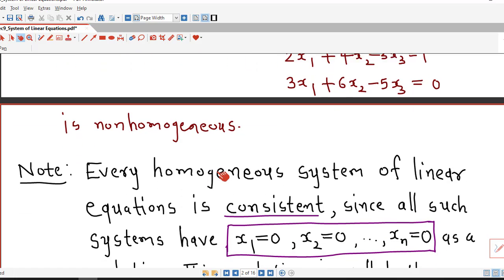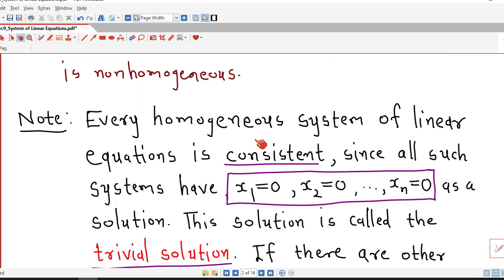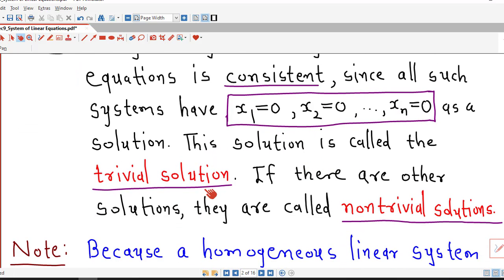So we make this remark: every homogeneous system of linear equations is consistent, since all such systems have this zero solution as a solution. This solution is called the trivial solution, or another name is zero solution, and solutions other than this solution are known as non-trivial solutions.